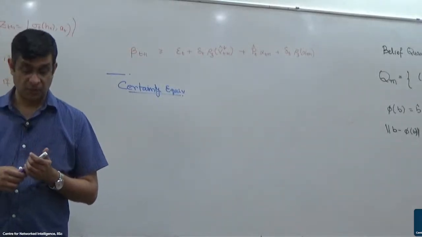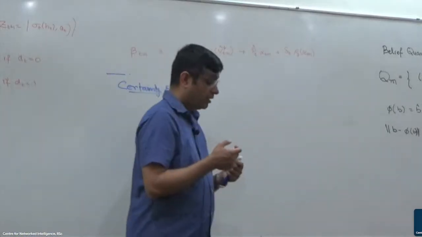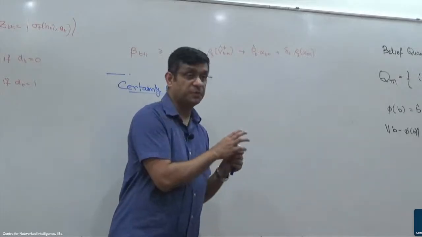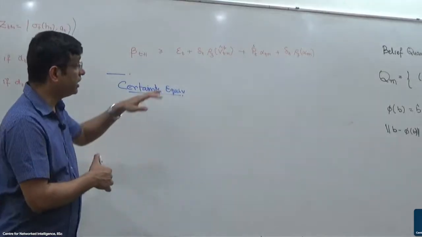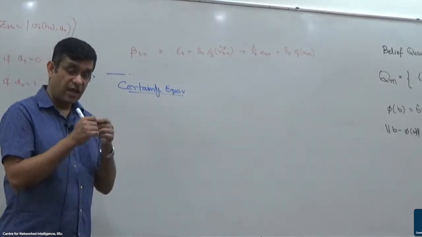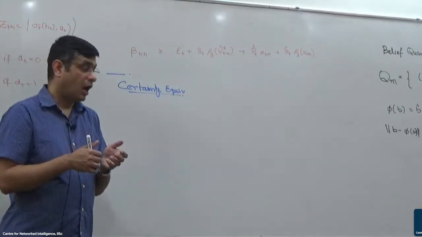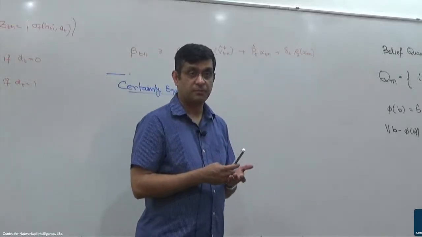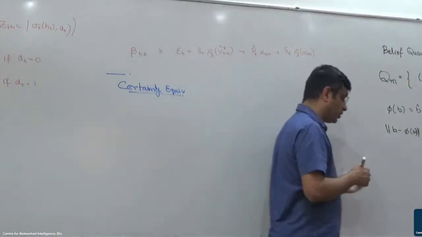But if you look at implemented systems, apart from some specific applications, people do not implement this belief-based strategy. And the reason is really what is happening in this example. If I have an observation channel but my observation noise is small, I am just going to pretend that the observation noise is not there. And that is going to give me some errors which are proportional to my observation noise.